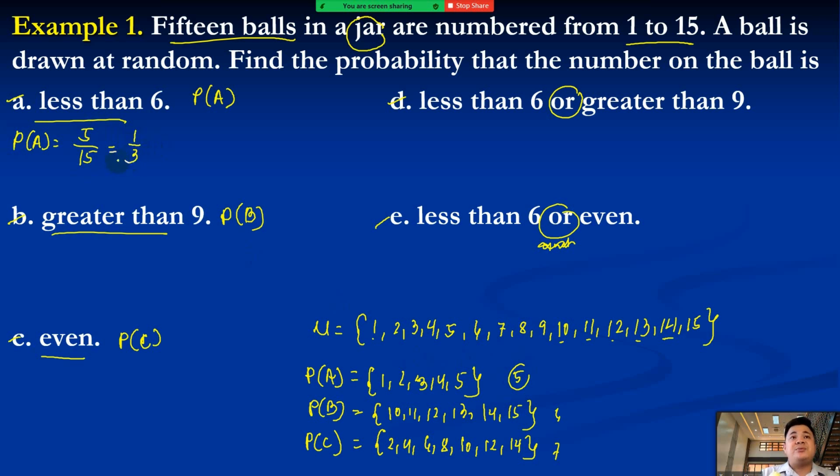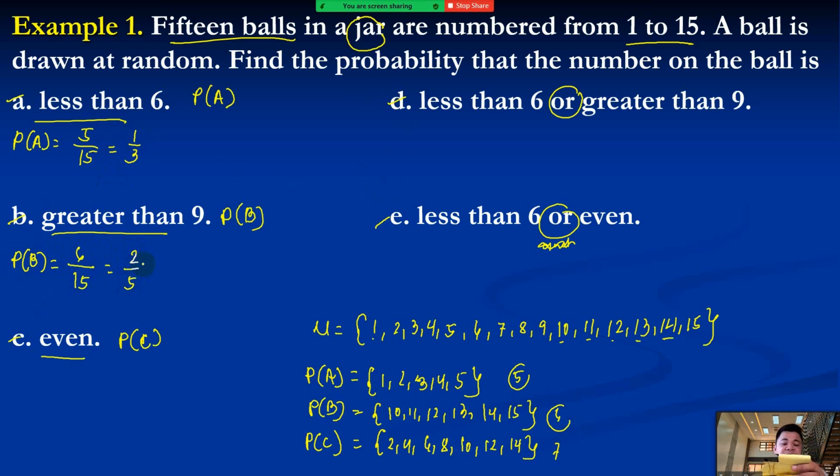Let's not convert to percent yet because we're going to use the answers in A, B, and C for D and E. So the probability of getting less than 6 is 1/3. Now let's have letter B, greater than 9. For probability of event B, the favorable outcomes are 6, so 6 over 15. Simplifying to lowest terms, this is 2 over 5.